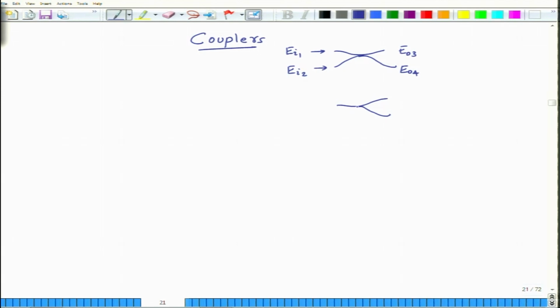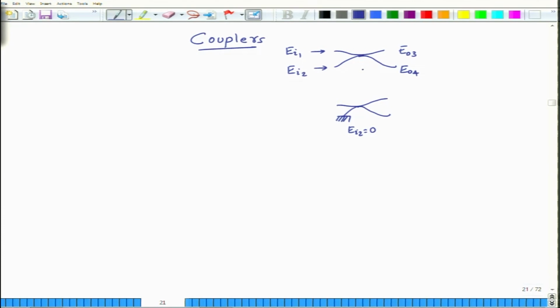In this case, the assumption is that the second port is not fabricated. The principles are slightly different in the two cases, but for mathematical convenience we can take the second input port as not fabricated, or the second input signal EI2 as equal to 0. Of course, you can get the same kind of coupling performance when you set EI2 equal to 0 in this 2x2 coupler as well.